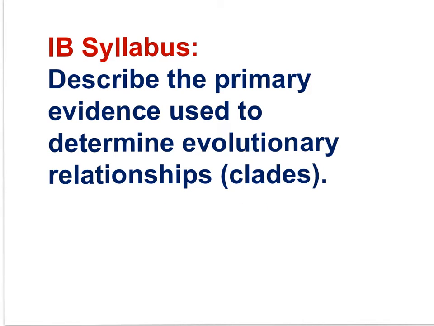The primary evidence for cladistics would be a comparison of DNA base sequences or a comparison of amino acid sequences in polypeptides. You will see morphology used in cladistics, but it is by far the least reliable evidence. The last slide on analogous structures provides the perfect example of why body form is not reliable evidence of evolutionary relationships.